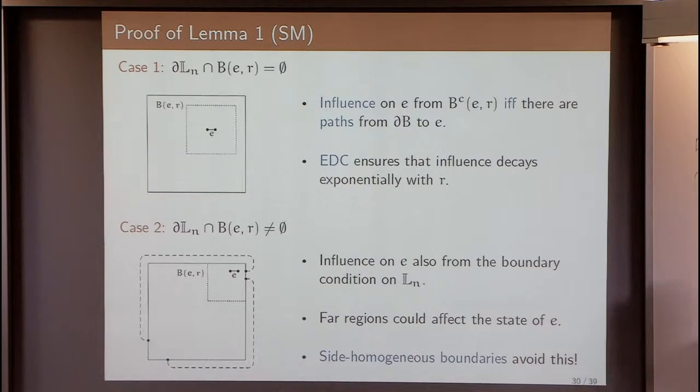But the point is that size homogeneous boundary conditions avoid this phenomenon. We have this property that there is only one non-trivial connected component in the outer boundary, which avoids this issue.